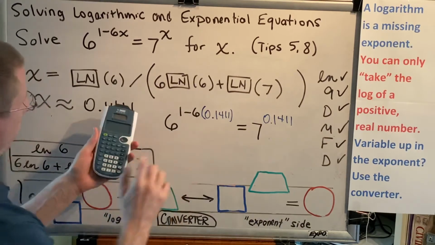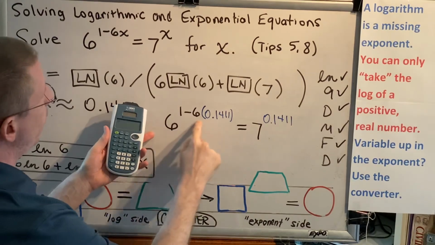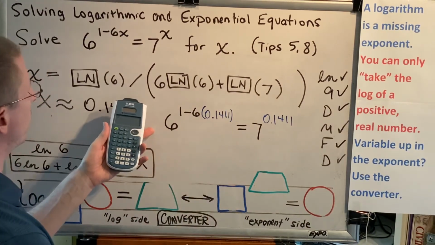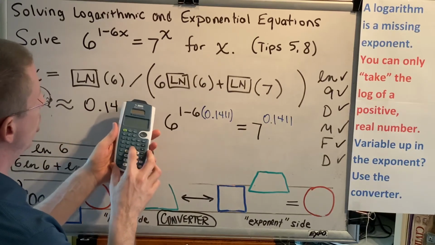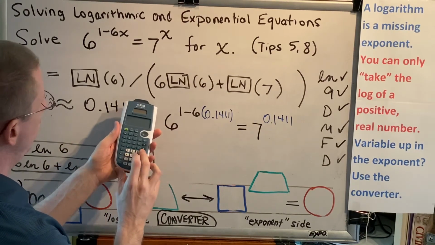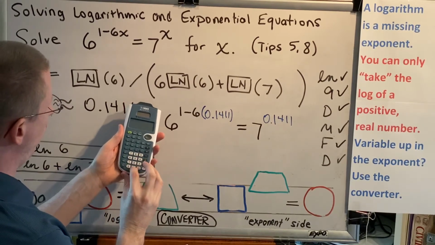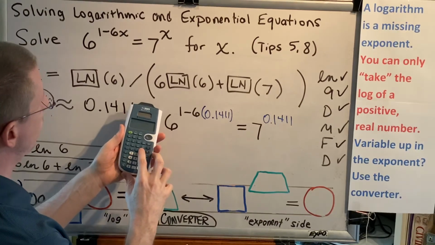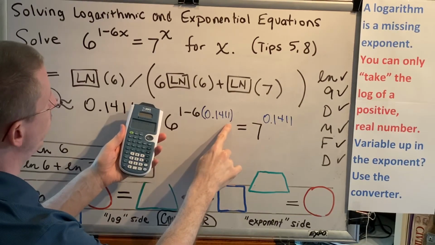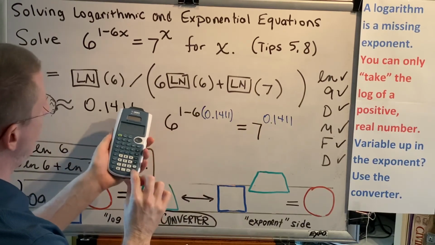So I'm going to do 6 raised to the, I'm going to put my entire exponent in parentheses because I want the calculator to know that that entire piece is my exponent. So parenthesis 1 minus 6 parenthesis 0.1411 close parenthesis for the 0.1411, close parenthesis again for the exponent and hit enter.